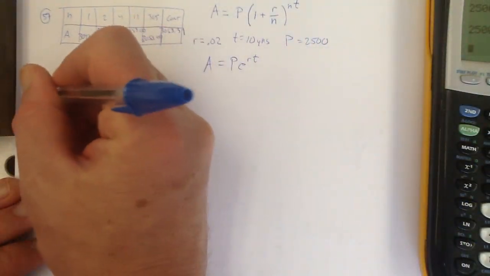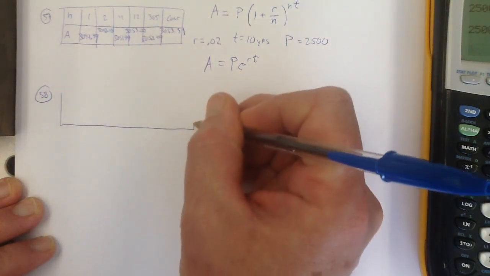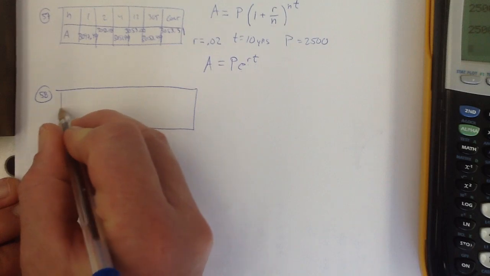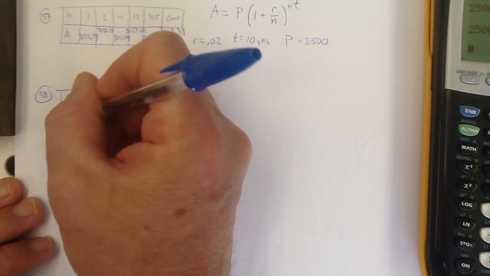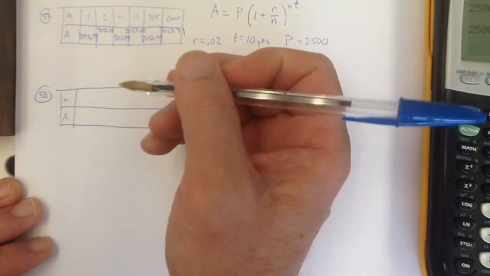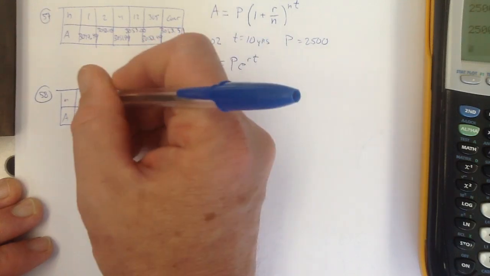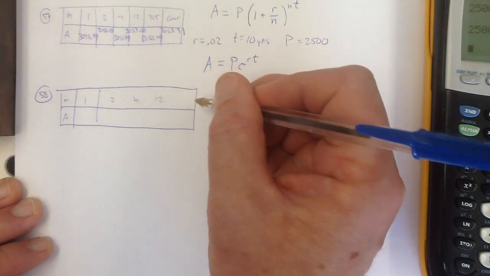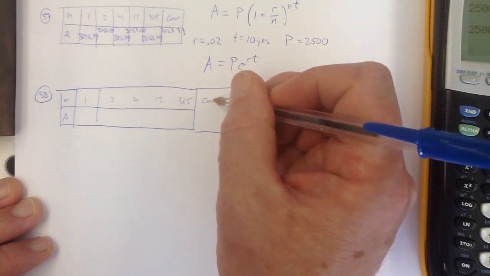All right, so for 58, I'm going to try a slightly different way, and we can decide if we like it any better or not. Honestly, that was not quite as fast as what I thought it was going to be. So 1, 2, 4, 12, 365, continuous.